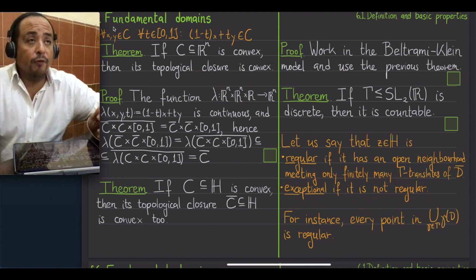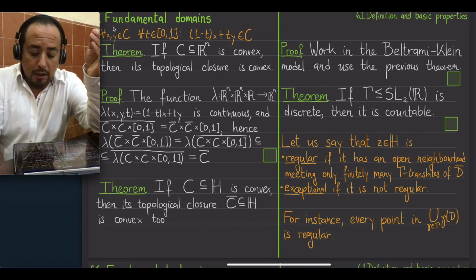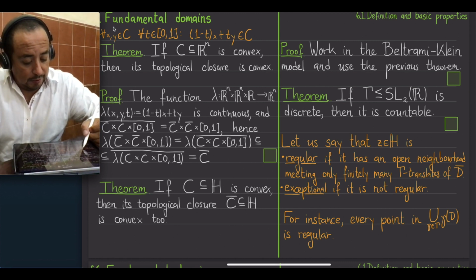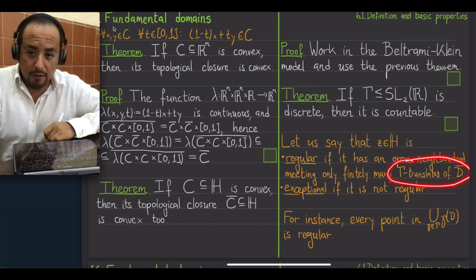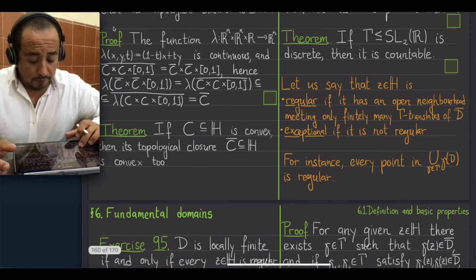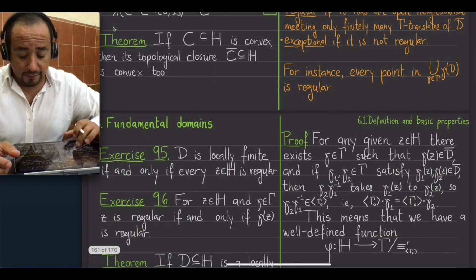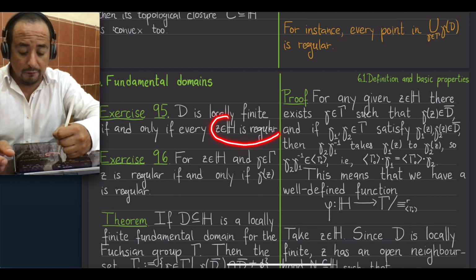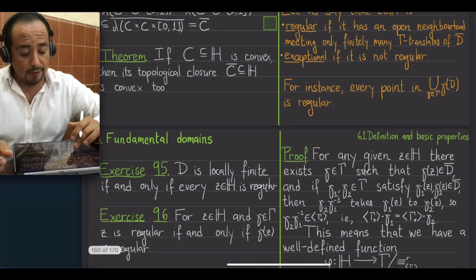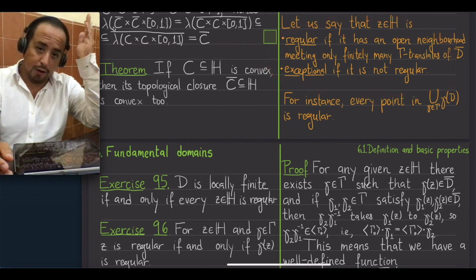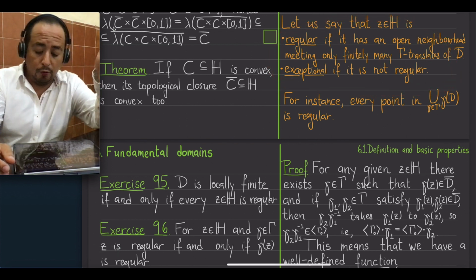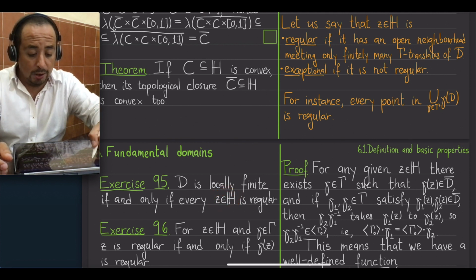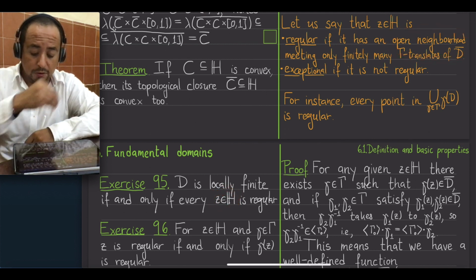For instance, if you give me a point in D, then it is regular, because it really is in only one gamma translate of the closure. And the exercise is that our fundamental domain is locally finite if and only if every point is regular. So these notions allow us to move from working with compact subsets of H to working point by point, with open neighborhoods around each point.